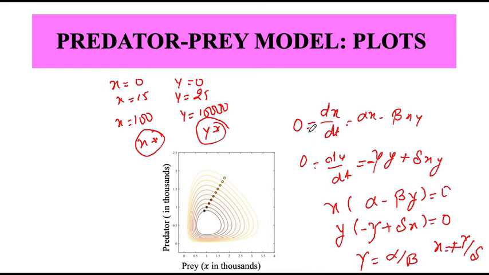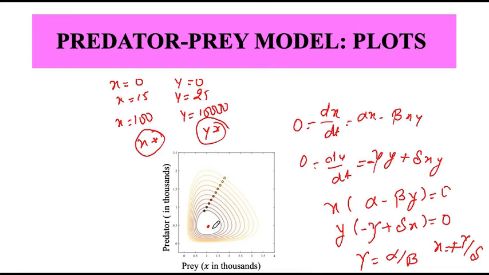So what happens for any other values? The center point here is x star, y star. For every other case, population x increases, then y will increase, but as y increases, x will see more decrease.